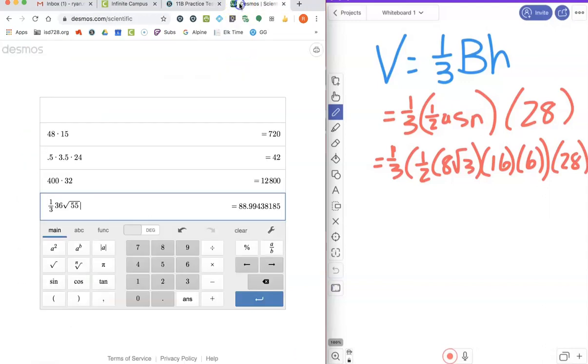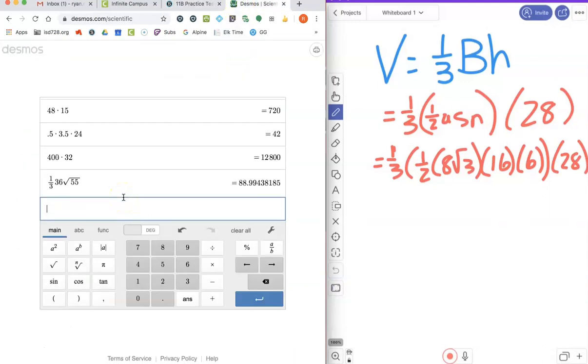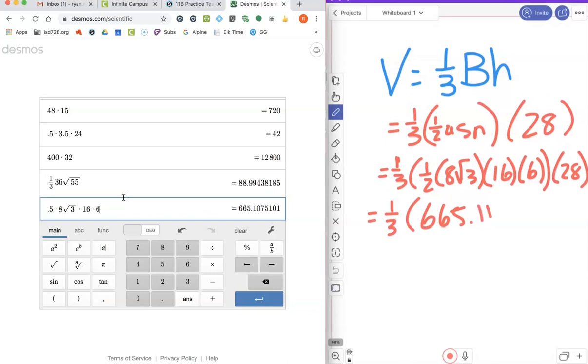Okay, let's do just the capital B part in the calculator first. So we have 0.5, times 8 square root of 3. And then we're going to multiply that by 16, and we're going to multiply that by 6. All right, so we're going to say that all of that stuff is equal to 665.11.